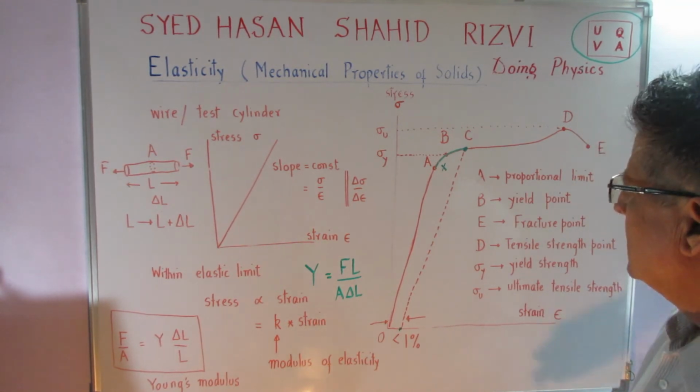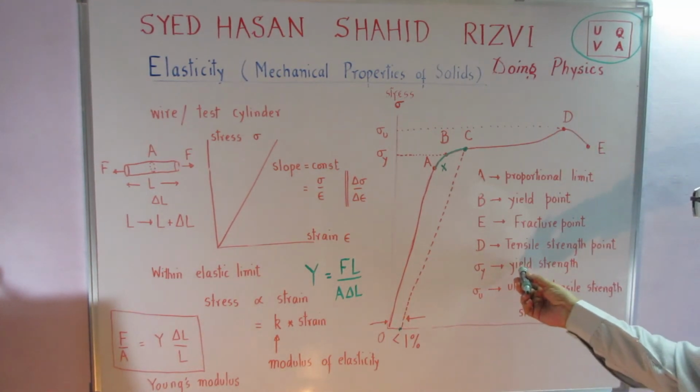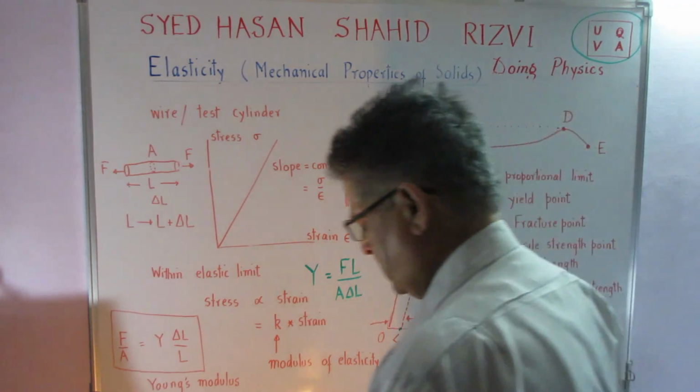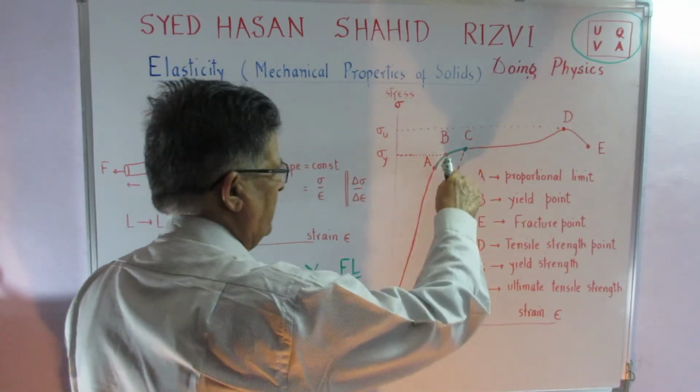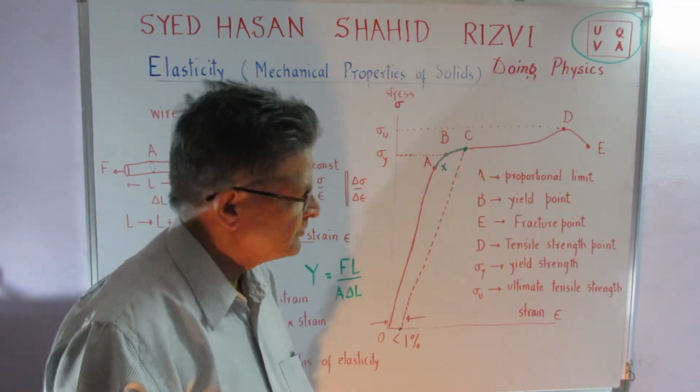This sigma y corresponds to what we call the yield strength. It corresponds to the point B, which is the yield point.